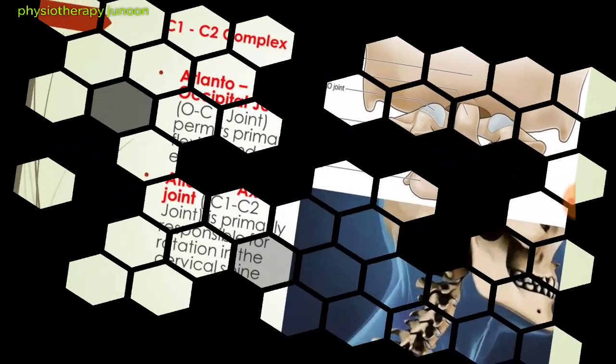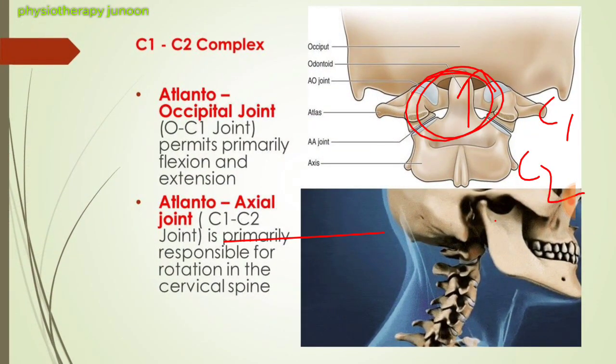And next we see the C1 and C2 complex. We studied earlier the OC joint, the atlanto-occipital joint, and the atlanto-axial joint, which is between C1 and C2.